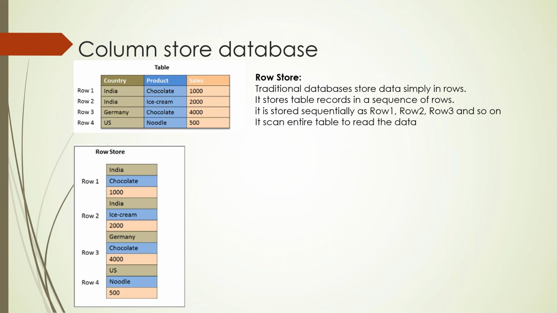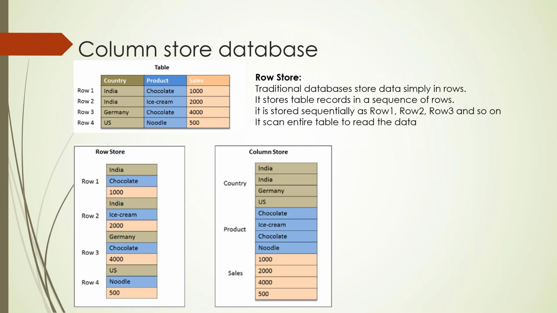Now we'll understand the column store database. In the column store database, the table is stored in the sequence of columns: country, product, and sales. If you want to perform a read operation, in the statement we give the column name, like select star where country equals India. A column store directly reads that particular column.